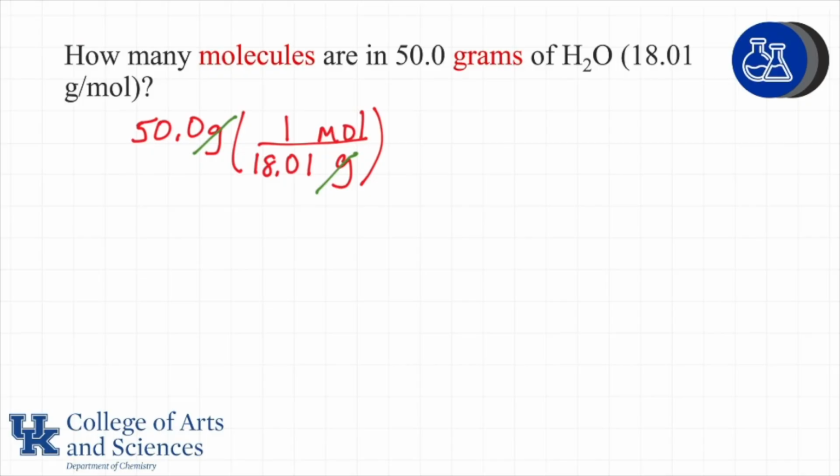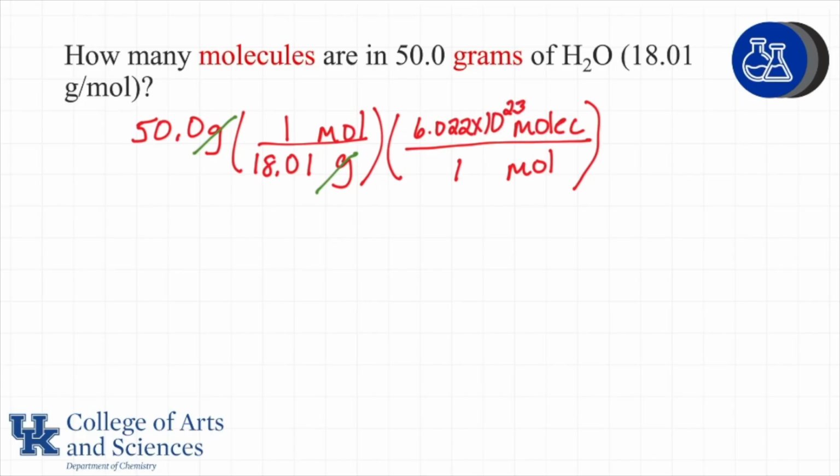And the relationship I know using moles is between moles and molecules with Avogadro's number. So I can have moles on the bottom, so they'll cancel out, molecules on top, and then I can put in the numerical value of 6.022 times 10 to the 23rd molecules per 1 mole. Moles will cancel out, and I can do the math and get my answer of 1.67 times 10 to the 24th molecules.